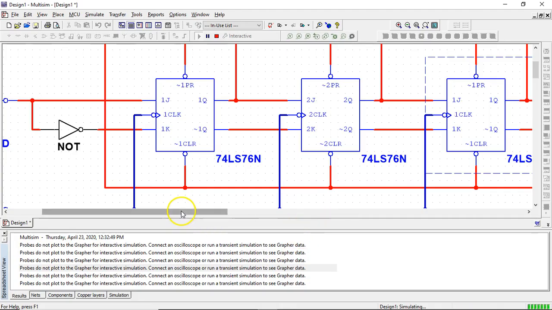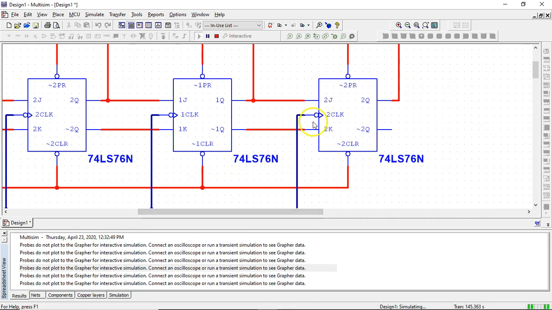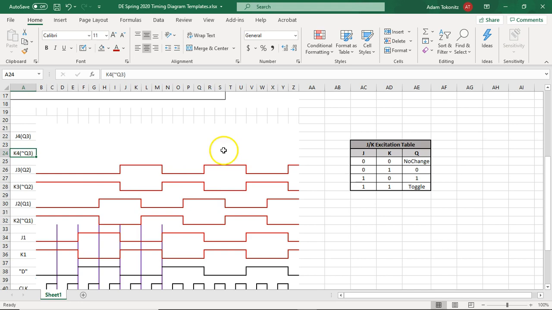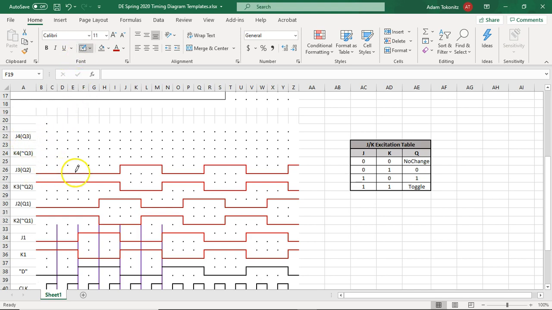Well, J4 and K4, this last flip-flop, are dependent on J3 and K3. So whatever J3 and K3 are, that's going to affect J4 and K4. J3 is 0 all the way up to here, so I know at least J4 is going to be 0 all the way up to there.